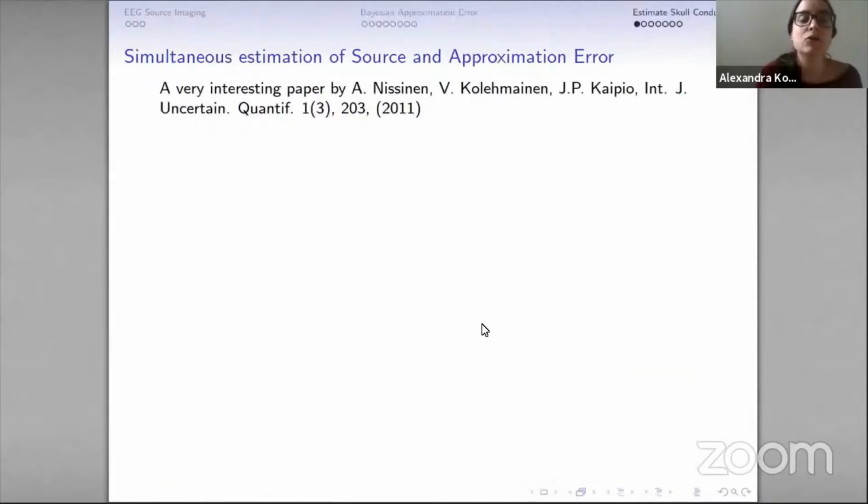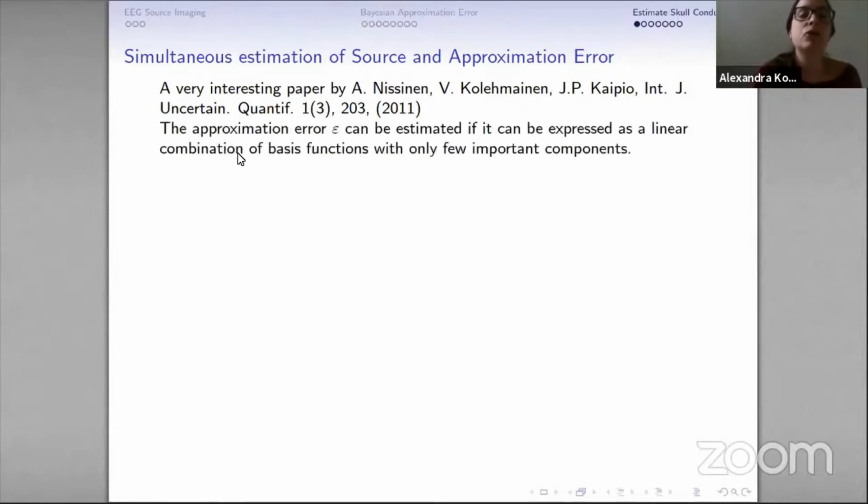It was this nice paper from Nissen, Kaipio and Kolehmainen that gave us this intuition. They were saying that the approximation error can be estimated if it can be expressed by few basis functions, and also how these basis functions can be picked.